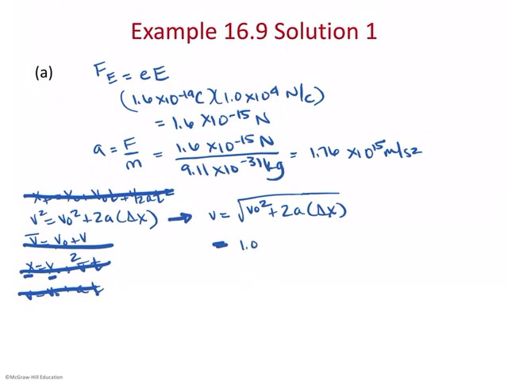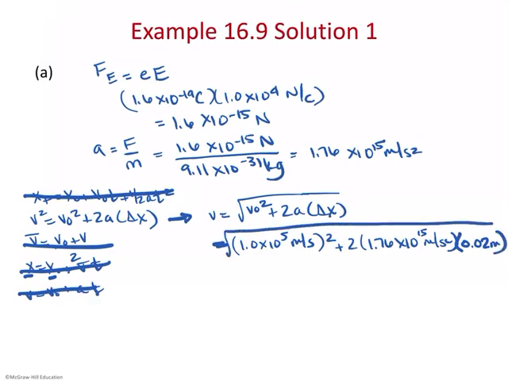So that initial velocity that it gave was 1.0 times 10 to the 5th, squared, plus 2 times 1.76 times 10 to the 15th, times the change in x, which is 0.02 meters.